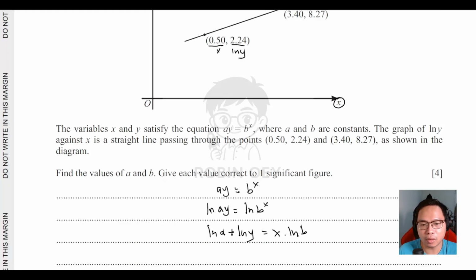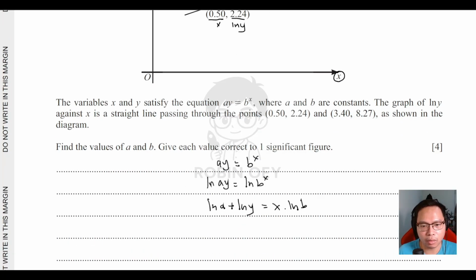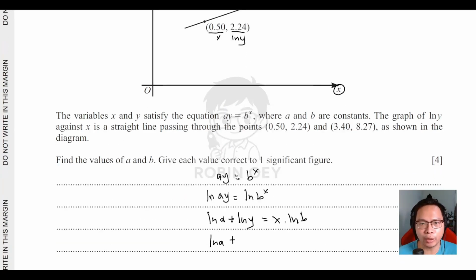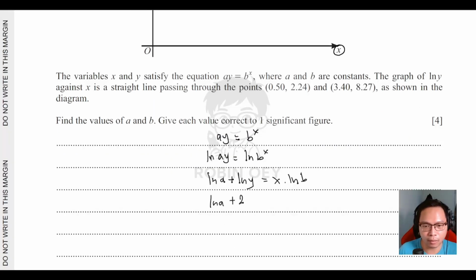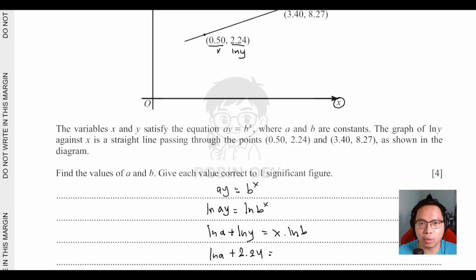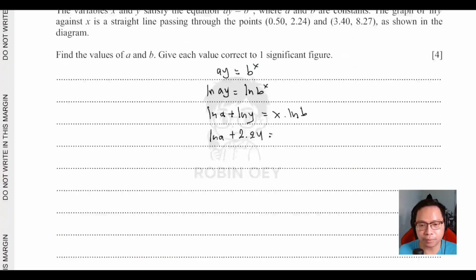Okay, so here we have ln a. So just put ln a plus, and I will use the first coordinate, 2.24. So ln a plus 2.24 equals 0.5 ln b.